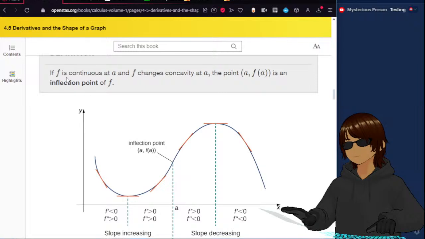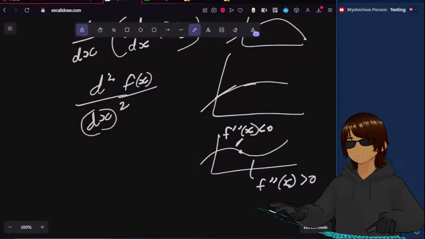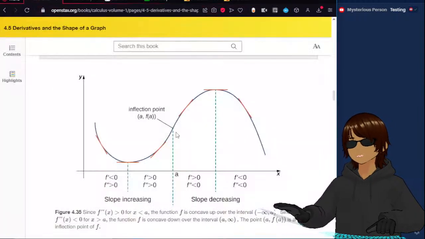If f is continuous at a and f changes concavity at a, the point a, f of a, is an inflection point of f. This point would be an inflection point because the double derivative is changing.